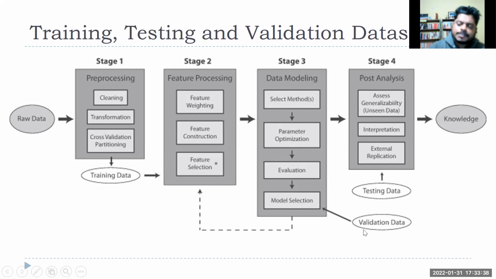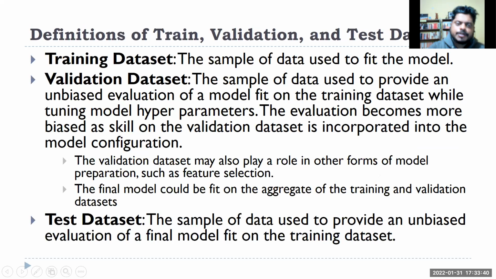So to answer in case somebody asks you in an interview: training data is to feed the model, validation data is sometimes for feature selection or hyperparameter tuning, and test data is for the final model fit.